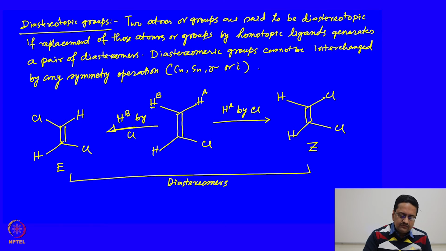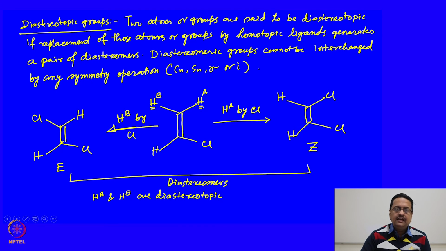So, these two hydrogens HA and HB are diastereotopic, and you see that there is no symmetry operation that can interchange HA with HB.